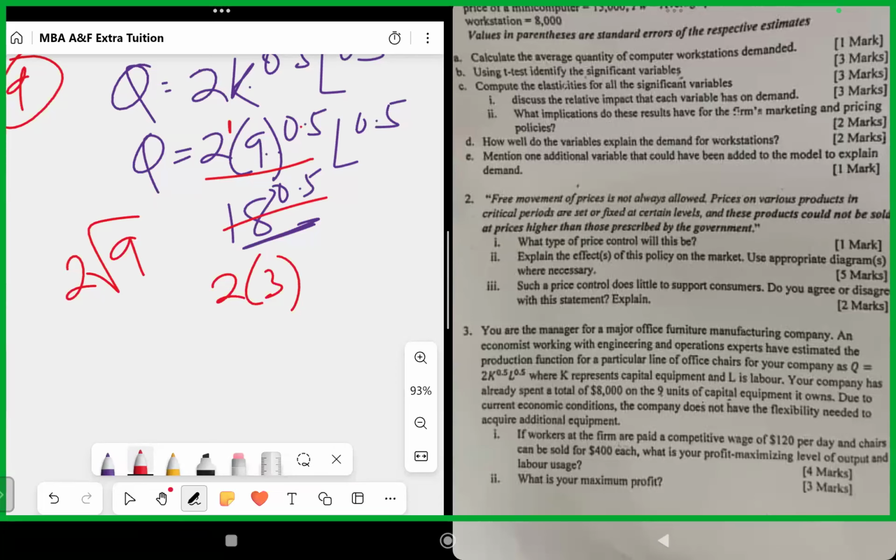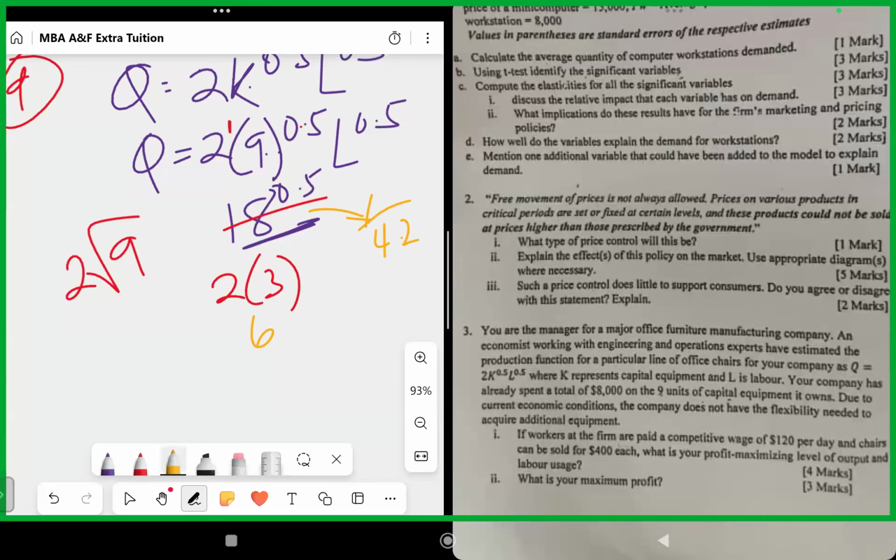Are you getting it? So what I'm trying to say is that you do not multiply the 2 by 9 to have 18 before you bring the 0.5. If you go by that approach, the answer you obtain will be wrong and different from 2 by 3, which gives me 6. Yes, when I did it, I had 4.2.